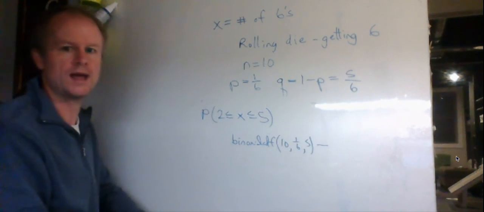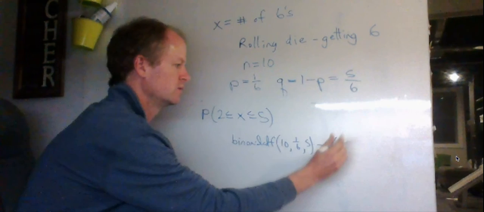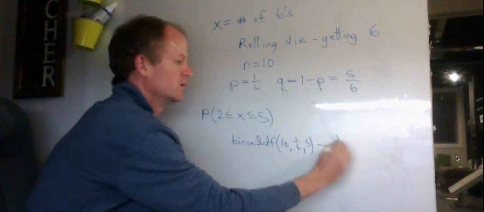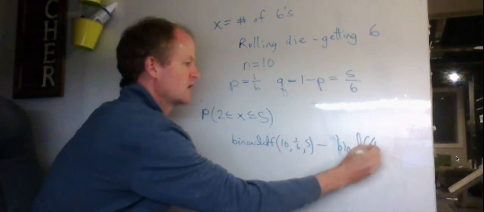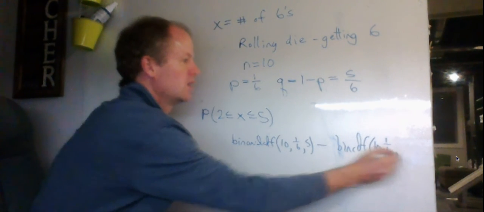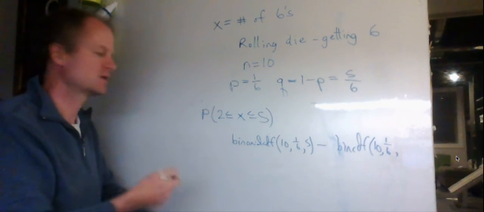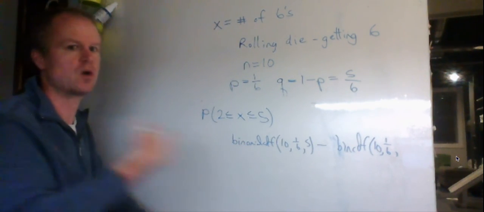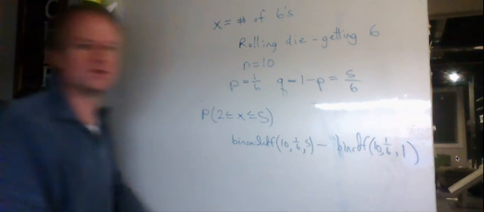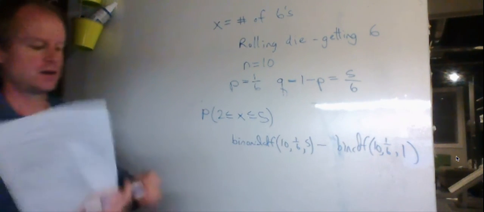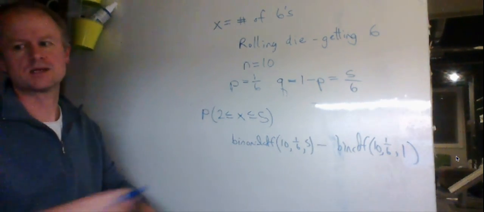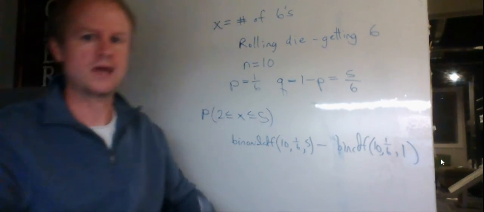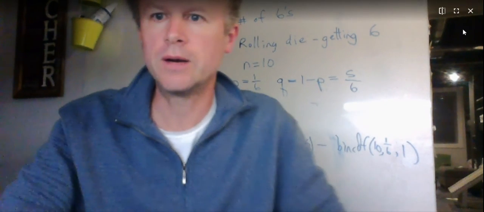Then we take away the binomial CDF with 10, comma 1/6, but we wouldn't want to cut off 2 because we want to include 2, so we would go up to 1 when we do that. That's a little detail, but we haven't talked about it in such a long time, I want to make sure I remind you of that. All right.